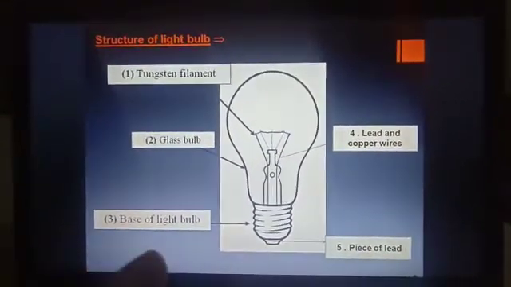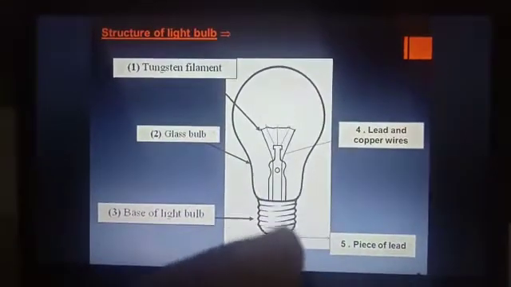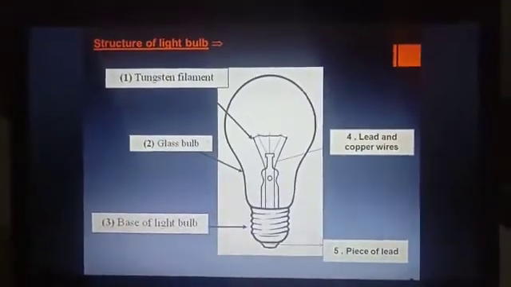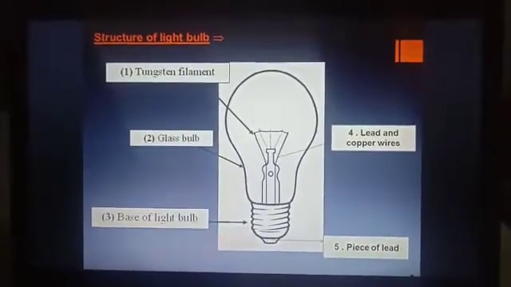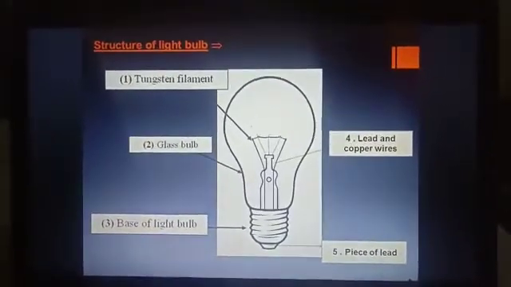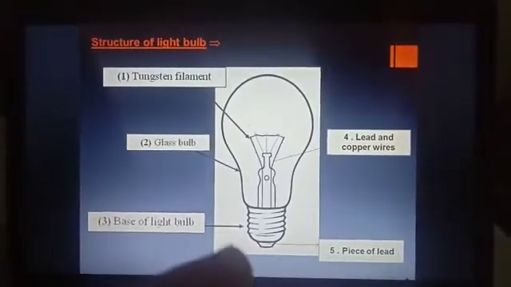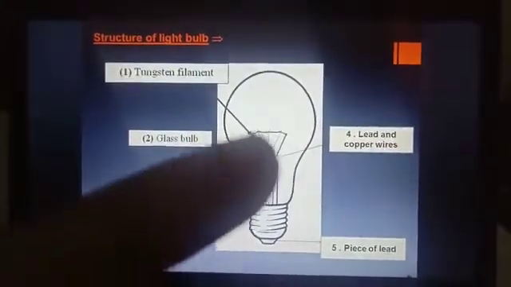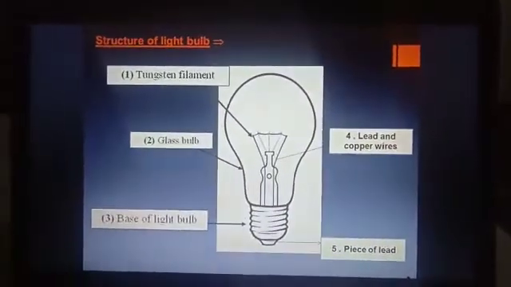Number 3, base of light bulb. You see this base? The function of this base is to carry the light bulb in an upright position, and it will let the electric current pass to the lead and copper wires here.